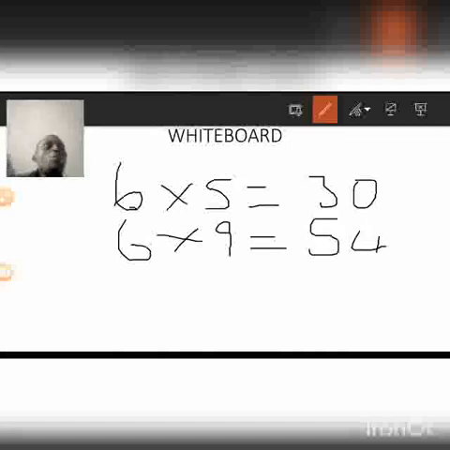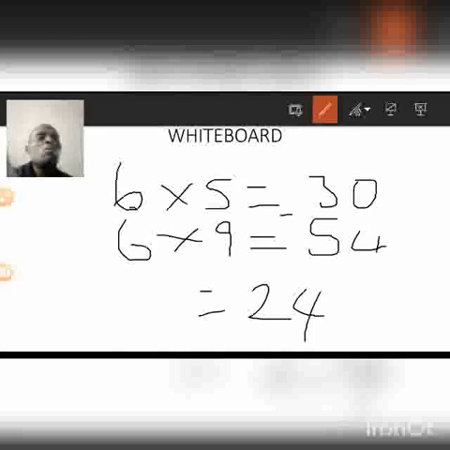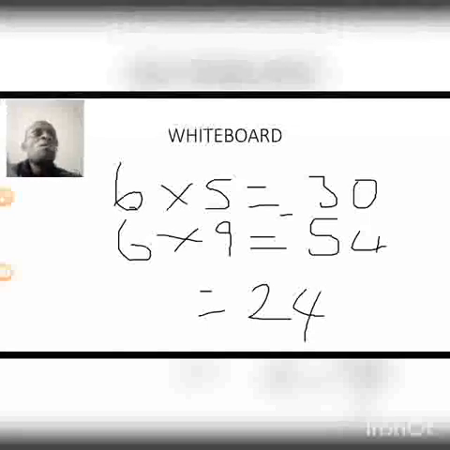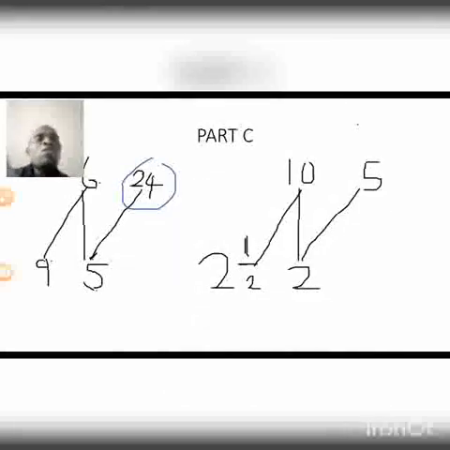Now when we subtract 30 from 54, the result is 24. Alright, so when we subtract, we get our 24. Now this is how we get this 24.